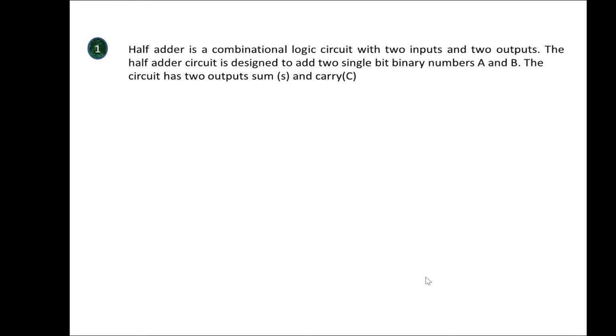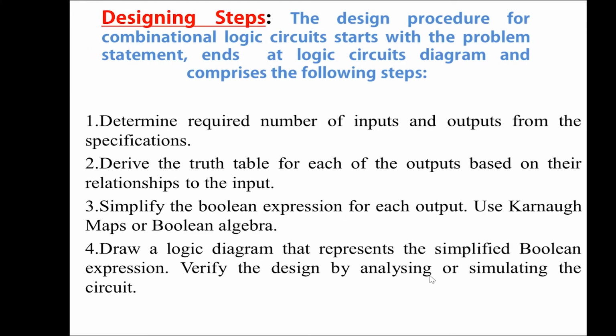Let us discuss the designing steps of combinational logic circuits. The designing procedure starts with the problem statement, ends at the logic circuit diagram, and comprises the following steps. The first step is to determine the required number of inputs and outputs from the specifications.